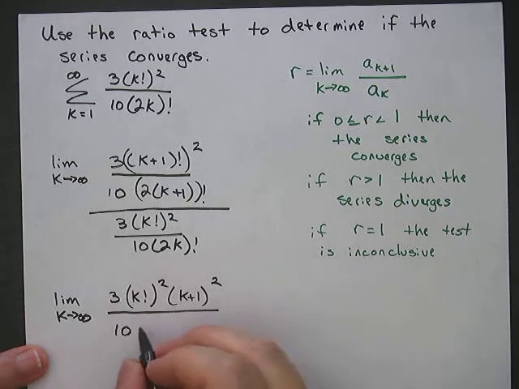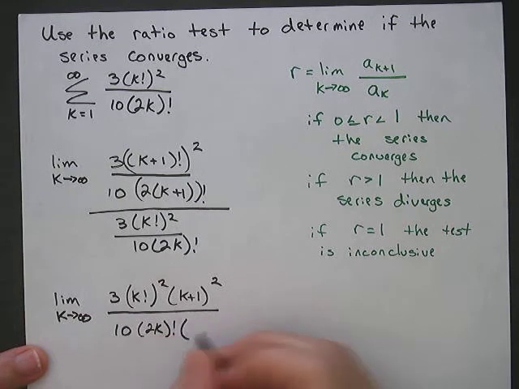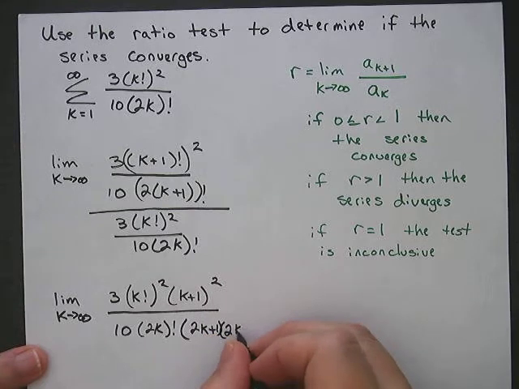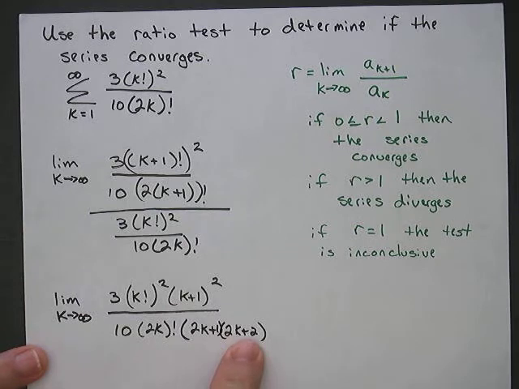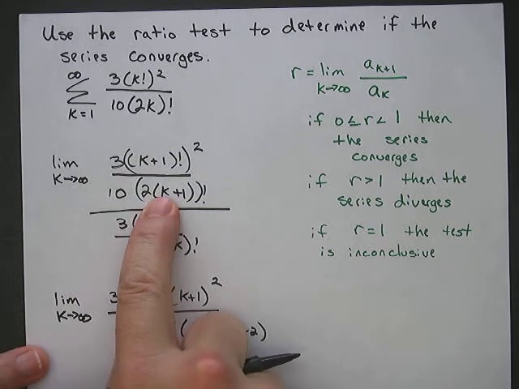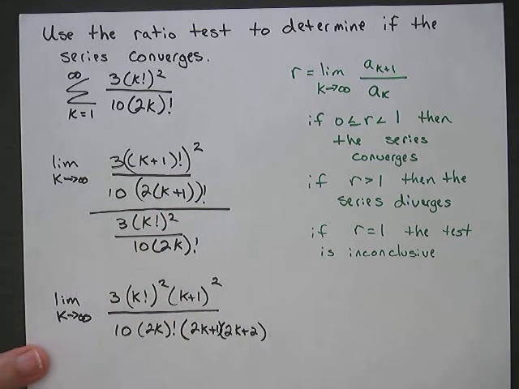Okay, so I'm going to first have 2k factorial, and then my first extra term is 2k plus 1, and my next extra term is, I erased the 1 there, 2k plus 2. Okay, 2k plus 1, 2k plus 2, and 2k. Okay, these three things combined is the same thing as 2 times k plus 1 factorial.